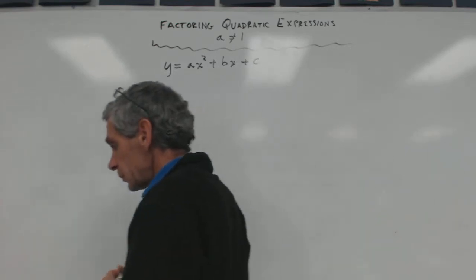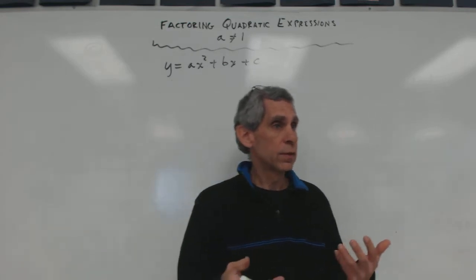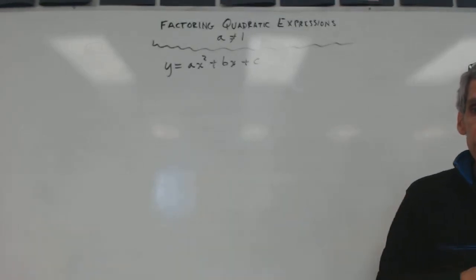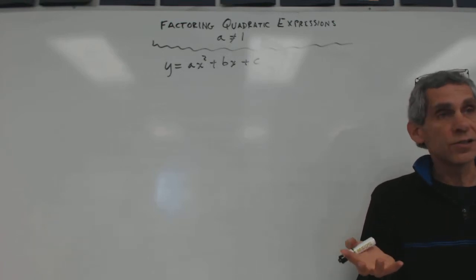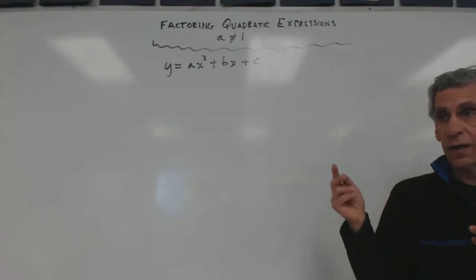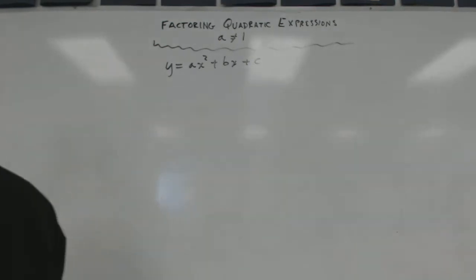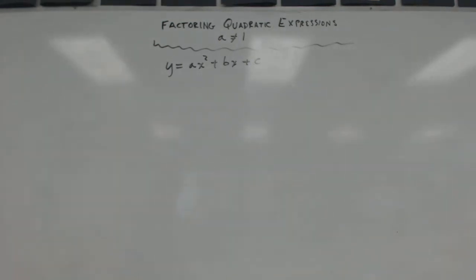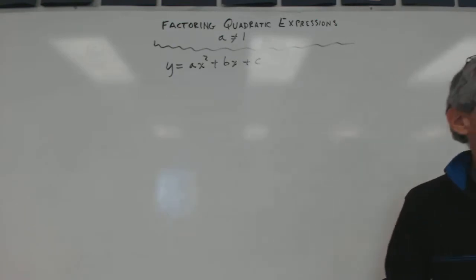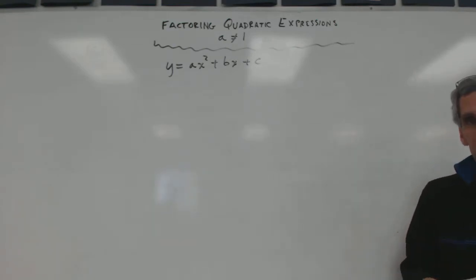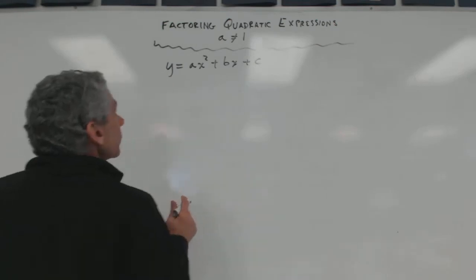It's not horrible, it just takes longer, and a lot of people basically use what's called the guess and check method for this, okay? The guess and check method is the way I'm going to teach you today. And I hope I have time.